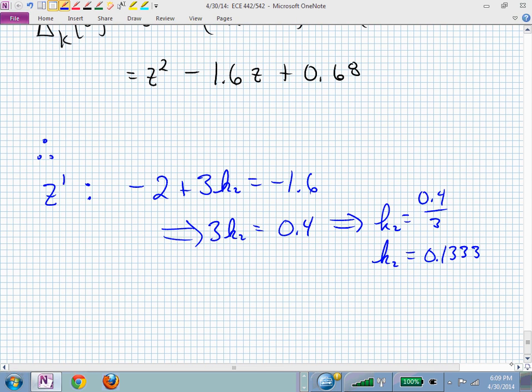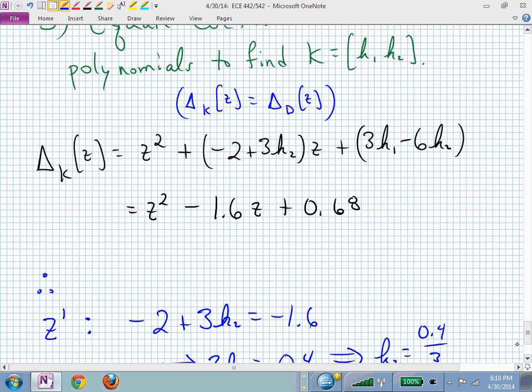We found k sub 2. And in general, these equations may end up being coupled. If you now had a 10th order polynomial, it may end up that you have 10 coupled linear equations that you have to now solve for those 10 unknown k's. In this particular case, the k2 and the k1 did not both appear in the z coefficient, and so we could immediately solve for k sub 2.